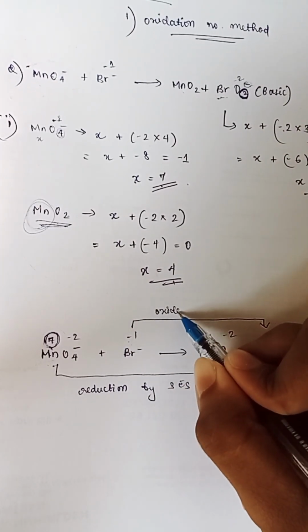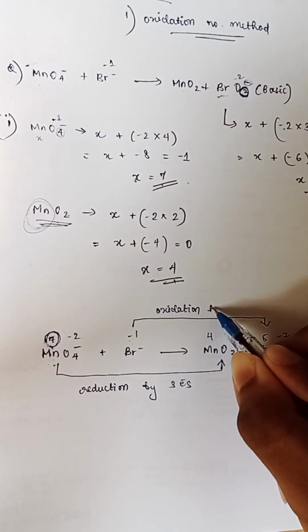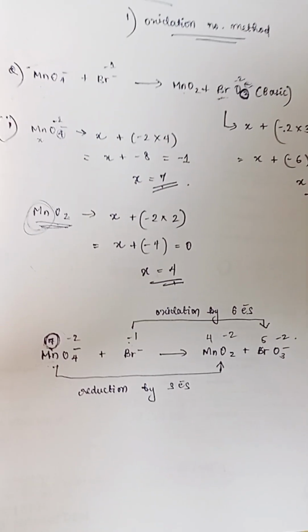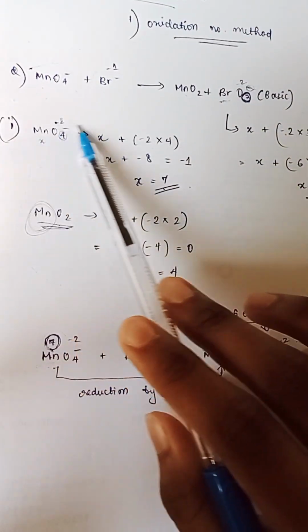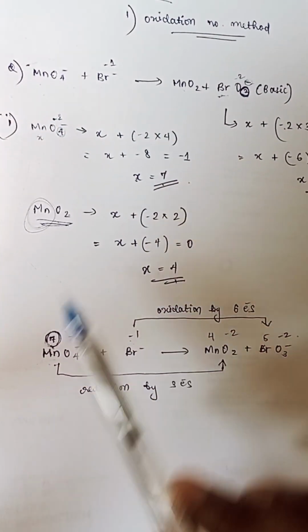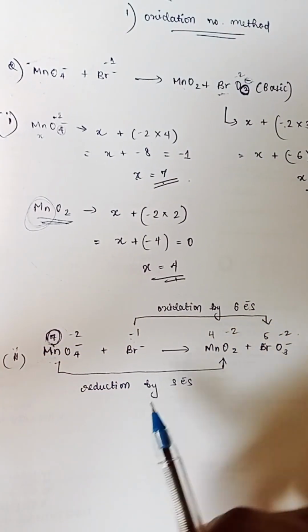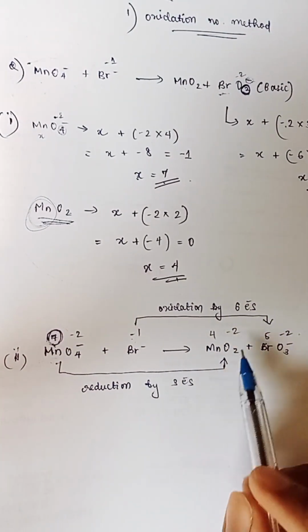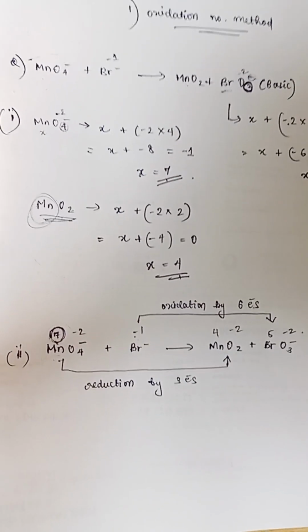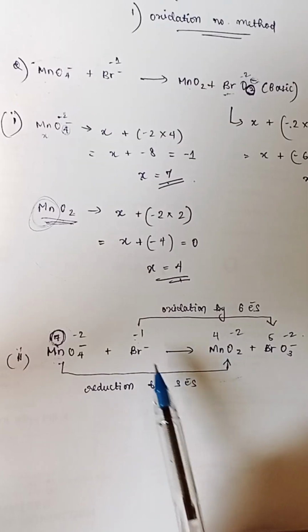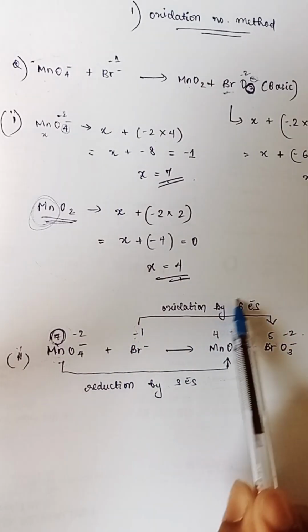So oxidation takes place by 6 electrons. So the first step was finding all the unknown oxidation numbers. The second step is finding by how many electrons they are reduced and increased. Now if you look here, Mn is reduced by 3 electrons and Br is increased by 6 electrons.